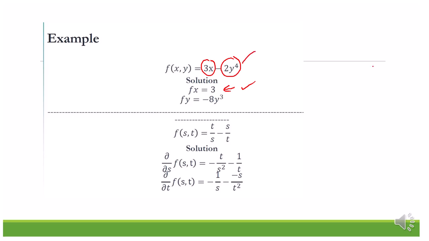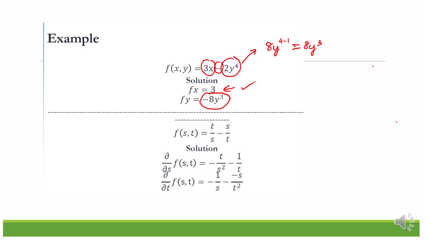If you differentiate this, it should be 4 times 2, and 4 minus 1 gives 8 y to the power of 3. Don't forget that there's a negative sign, so it should be negative 8 y to the power of 3.